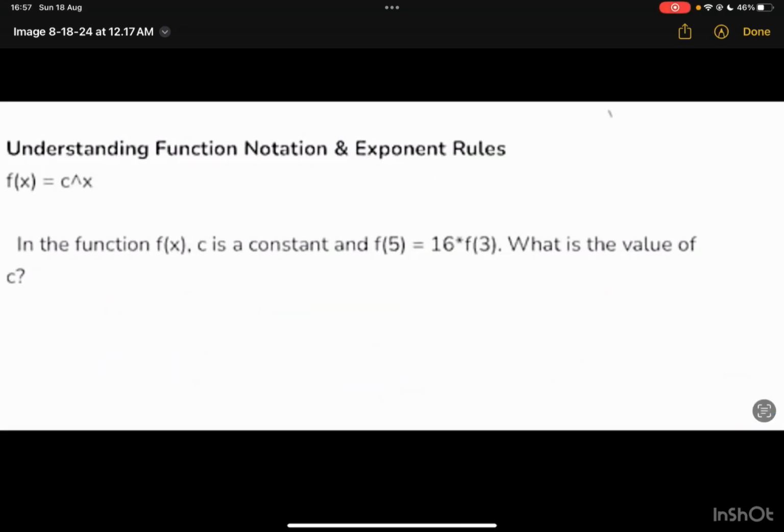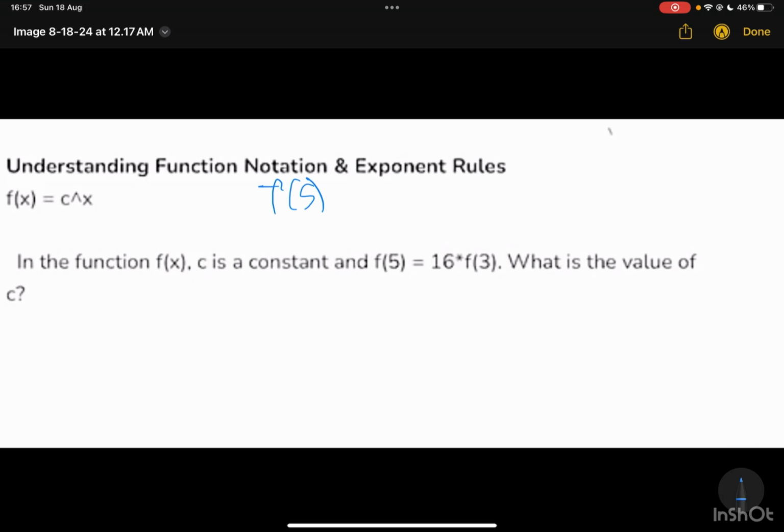So let's move on with another question, understanding function notation and exponent rules. f(x) equals c to the power of x. The function f(x), c is a constant, and f(5) equals 16 times f(3). What is the value of c? Firstly, f(5) equals c to the power of 5, and we're going to have 16 times f(3), which is c to the power of 3.